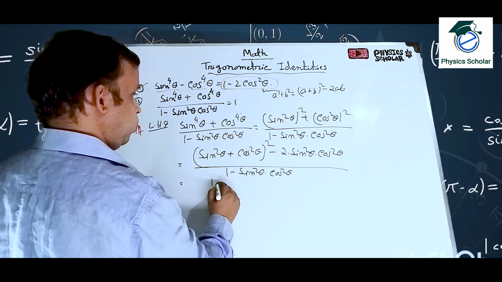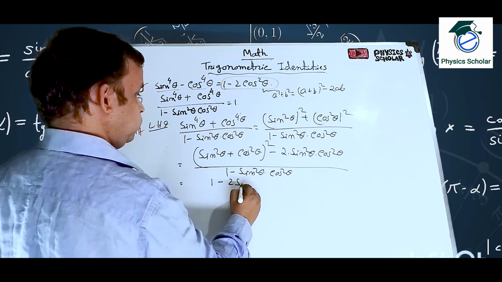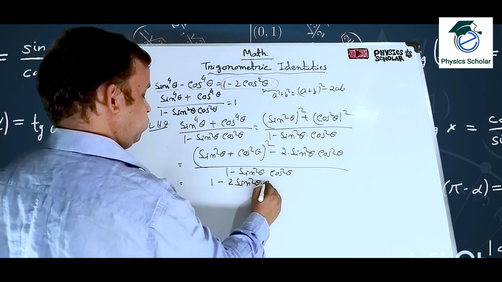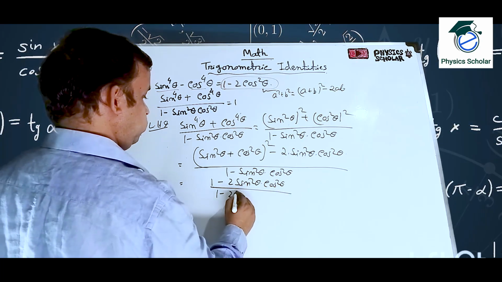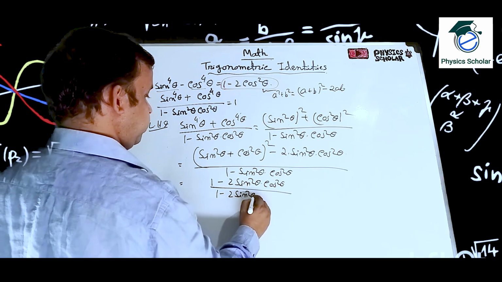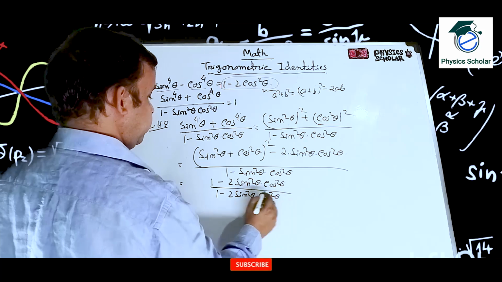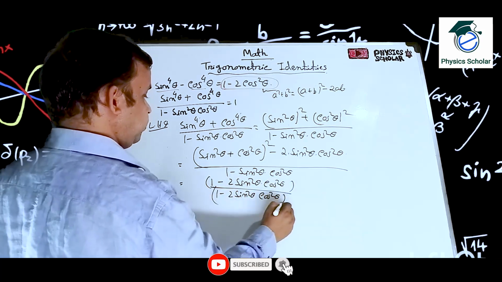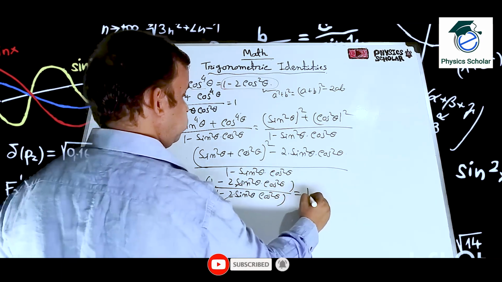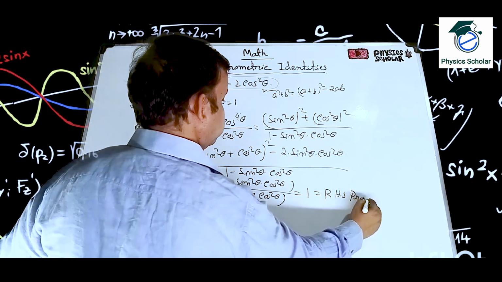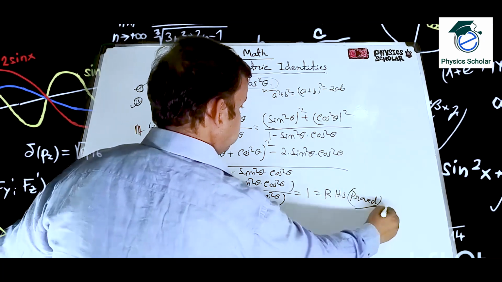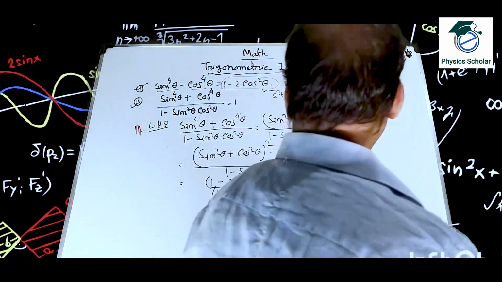So 1 square means what? 1 minus 2 sin square theta into cos square theta, whole divided by 1 minus 2 sin square theta into cos square theta. So both the numerator and denominator are same. So that will be cancelled, is equal to 1, is equal to what? RHS. Proved. Clear? So hope you have understood this.